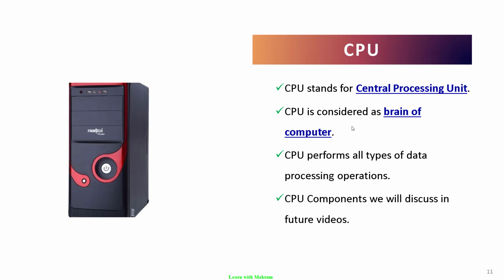CPU performs all types of data processing operations. So CPU is considered as the brain of computer. Remember this one. In some competitive exams or in some oral exams, they may ask you the brain of computer is CPU. Then we have to discuss the components of CPU, that we are going to discuss in the future videos. This is a brief introduction about CPU.